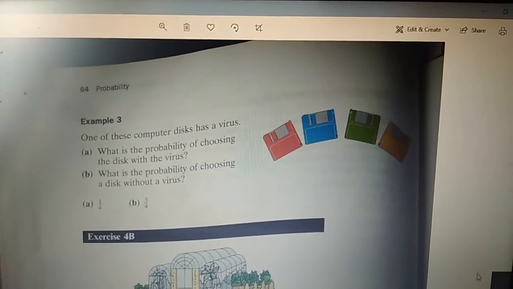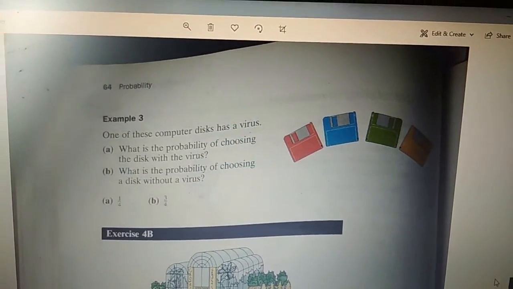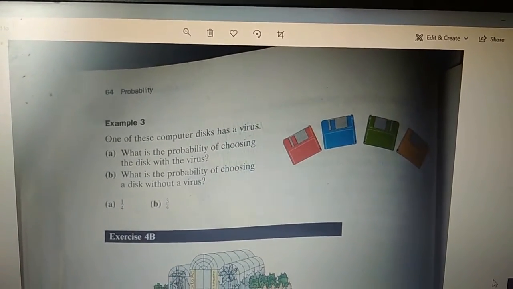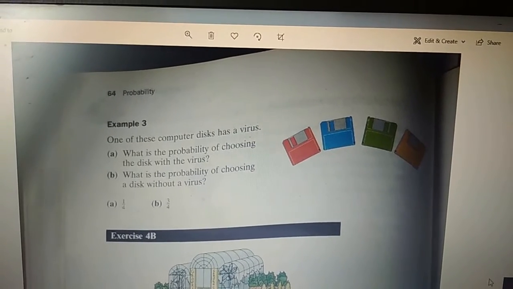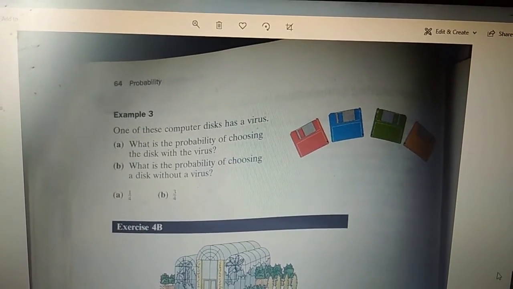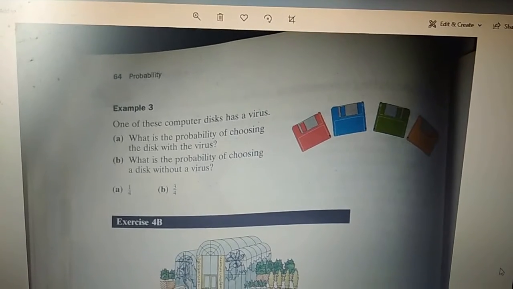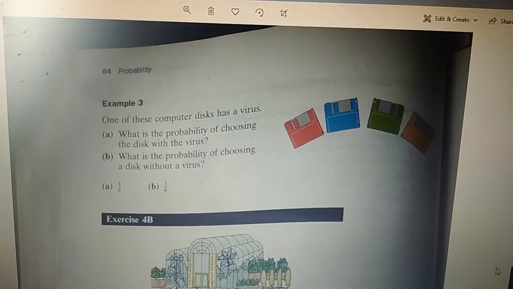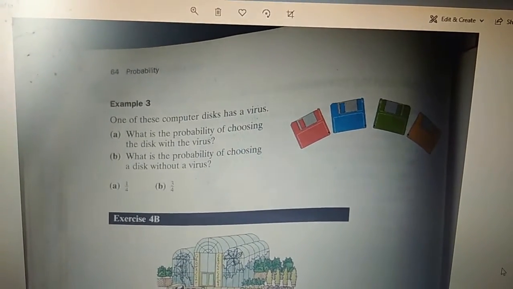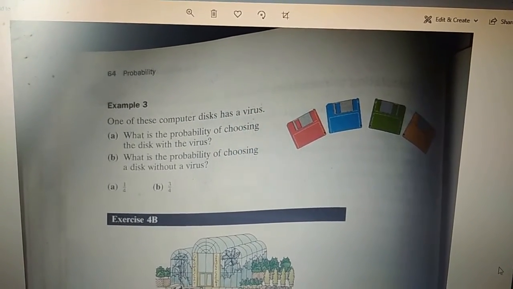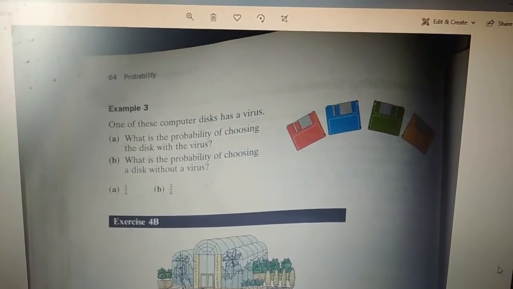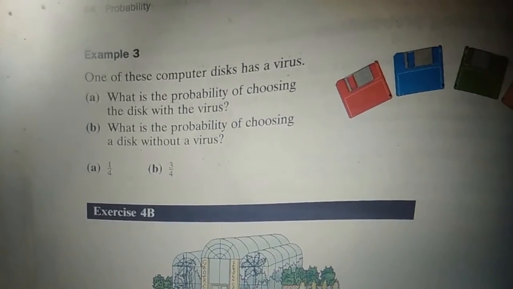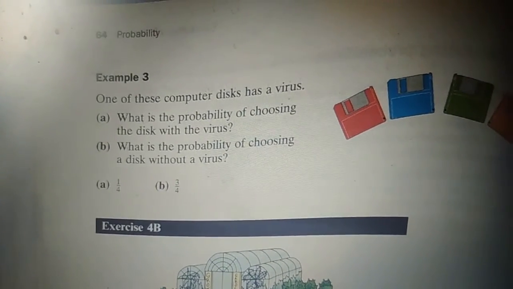We don't know which one has the virus, but out of the four, the rest three do not contain any virus. So the answer to B is 3 by 4.